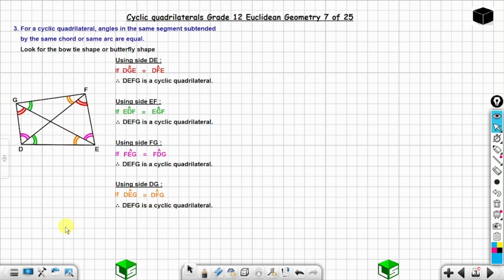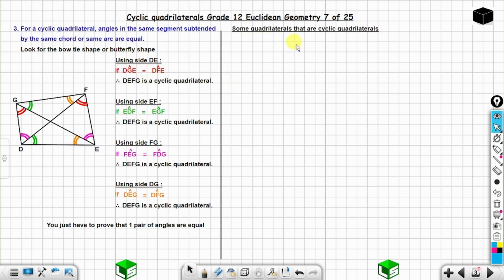So, you just have to prove that one pair of angles are equal. Just one pair. Some quadrilaterals that are cyclic quadrilaterals.